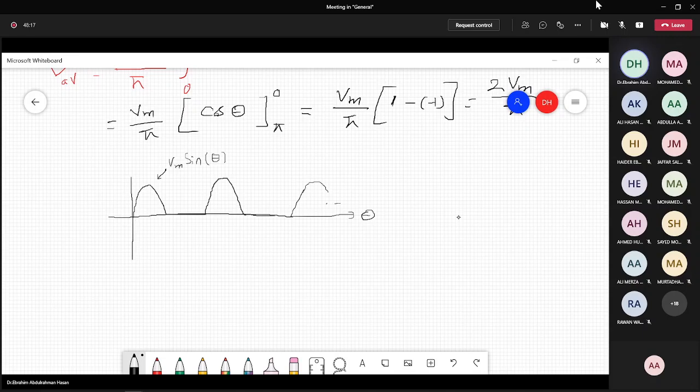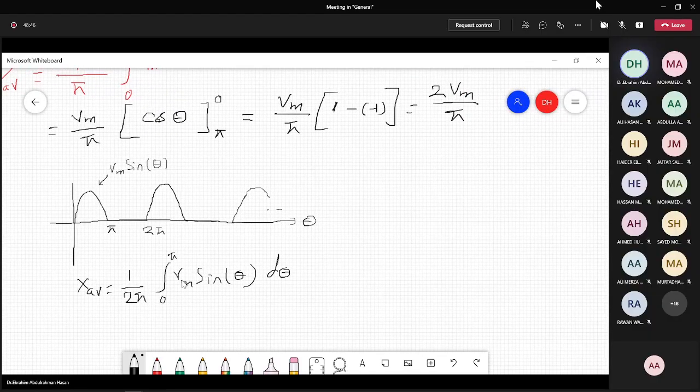From here to here it is 2 pi, and this is pi. Then x average for this one is equal to 1 over 2 pi, integration from 0 to pi of Vm sine omega t, which is theta, d theta.